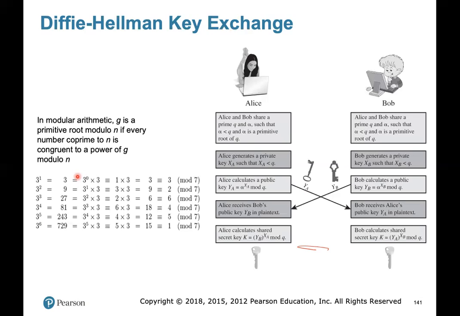In modular arithmetic, G is defined as a primitive root modulo n if every number co-prime to n can be written as a power of G. For example, here we say in modulo 7, 3 is a primitive root, because every number in modulo 7, of course, when I say every number, I'm not talking about all numbers.